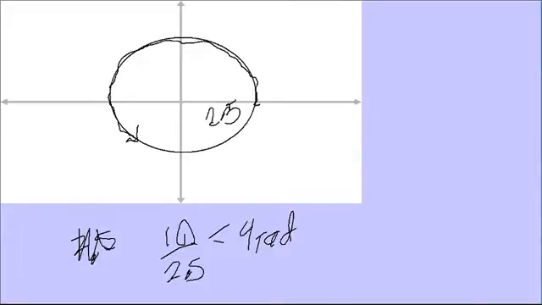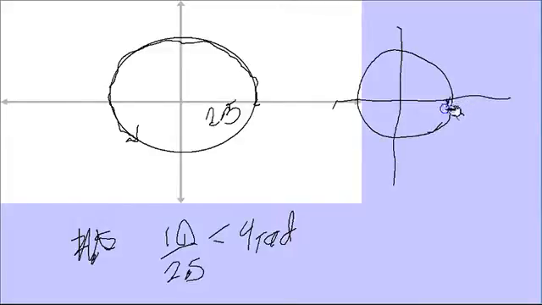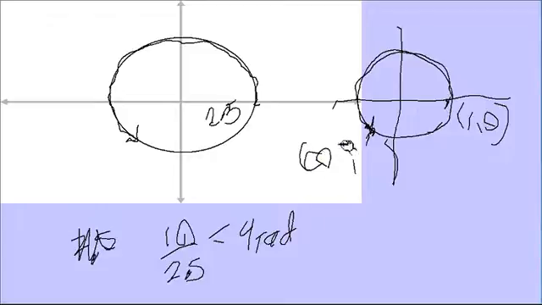To establish this point measured in radius lengths, this would be our arc, and this ordered pair would be the cosine of 4 and the sine of 4.